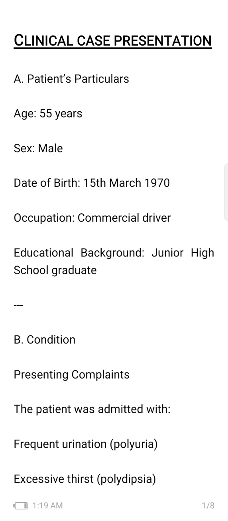So these are the complaints of the patient. The frequent urination, the medical term is polyuria. Poly means many. Uria meaning urine. So, quote and unquote, many urine. So frequent urination was a complaint.